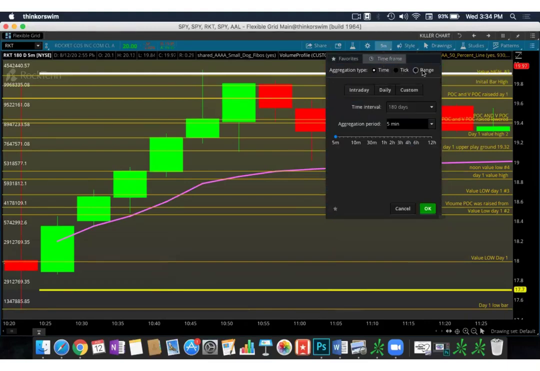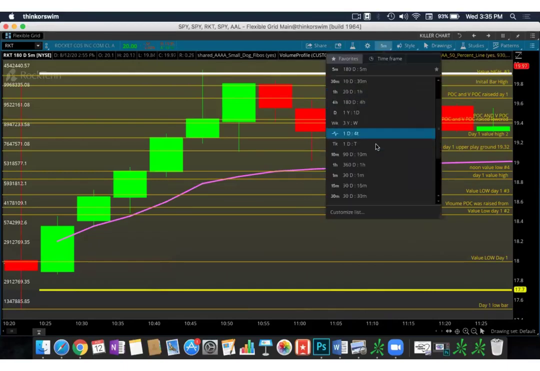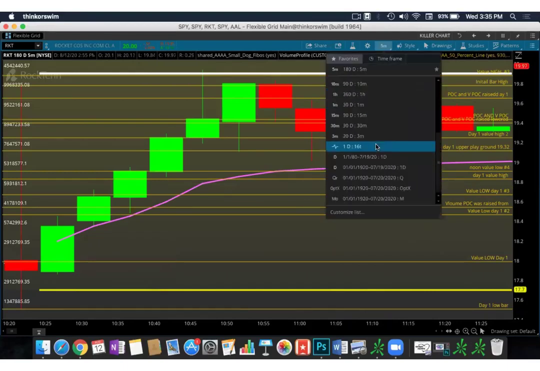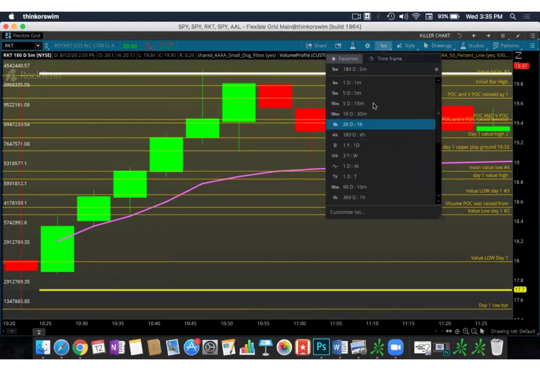Time frame. Yeah, go for it. I think you have to change it to day and do that. On the time interval, you have 180 days. So I think you have to do 1 day, 1 minute. There you go. We want to go further back than 1 day. How far to, oh, you have to go back to the beginning, right?